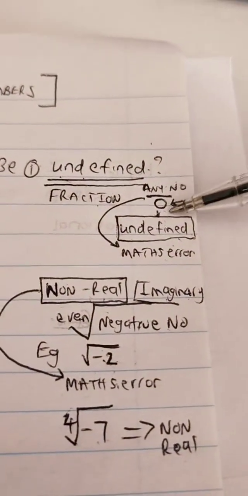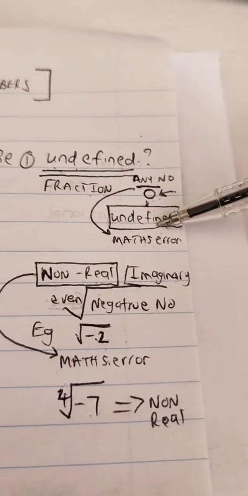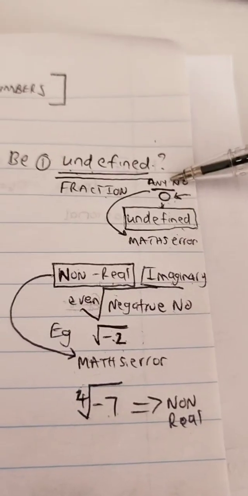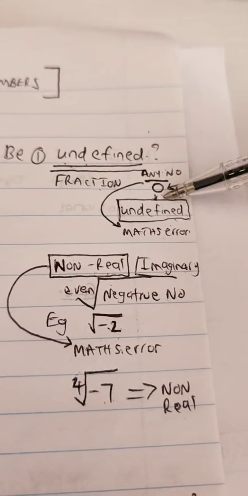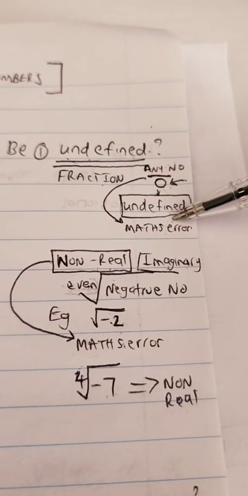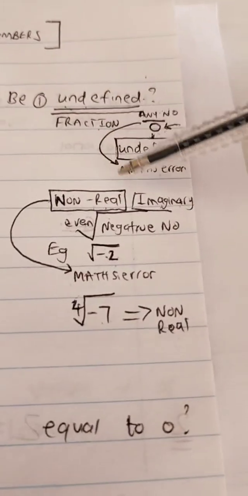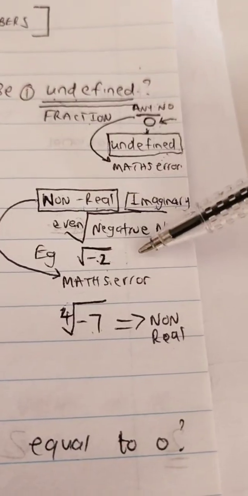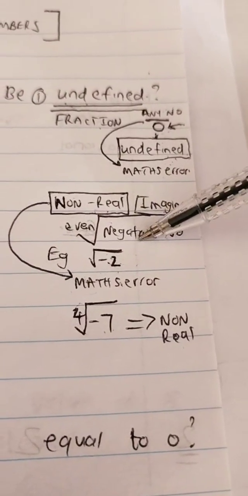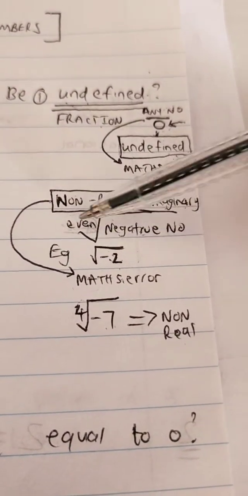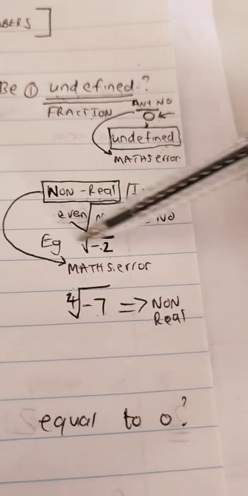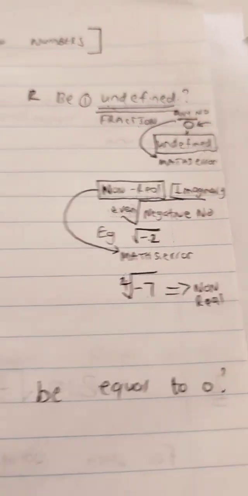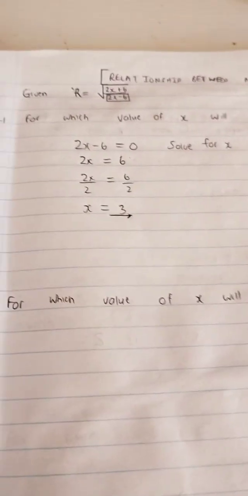All right, so I repeat again, any number divided by 0 means undefined, whereas imaginary or non-real is when you have a negative number within an even root. I hope that's clear for all of us.